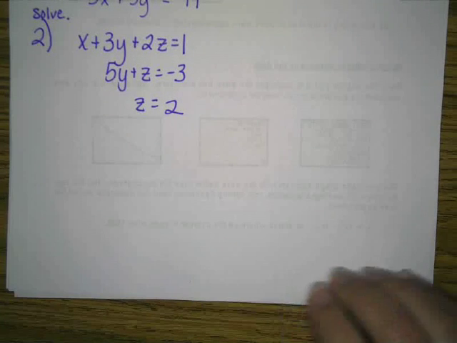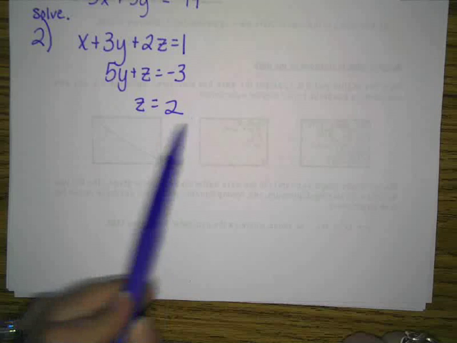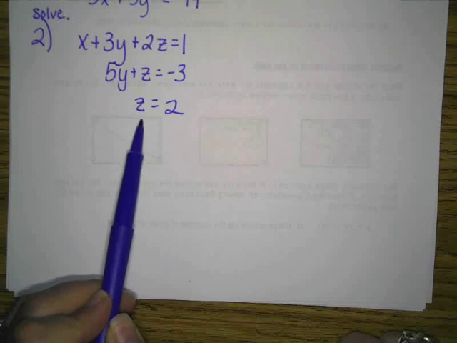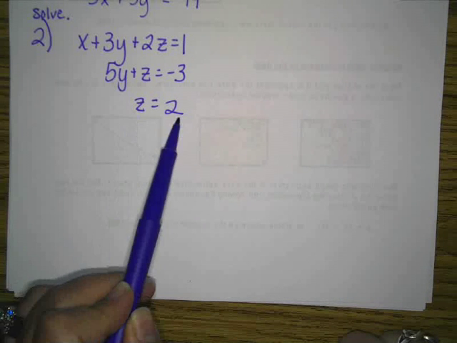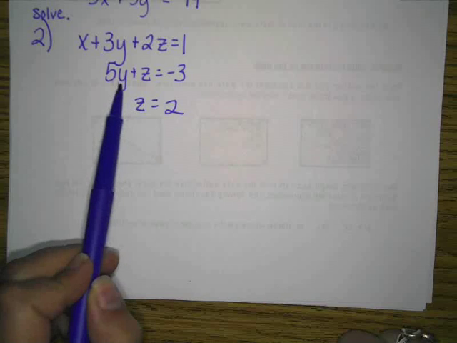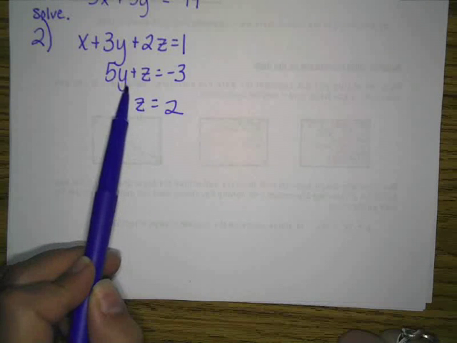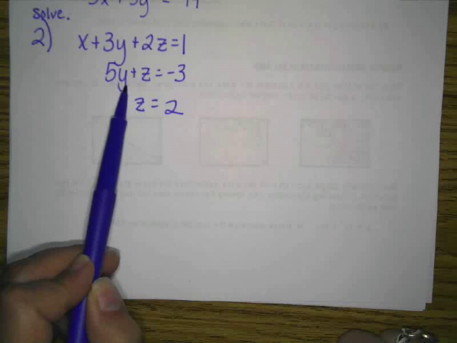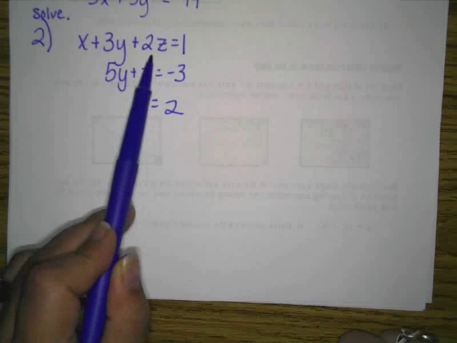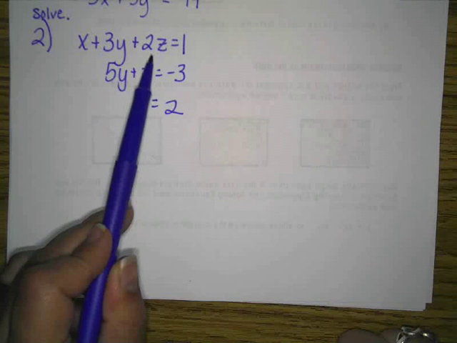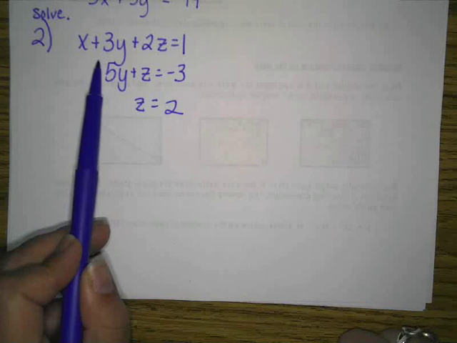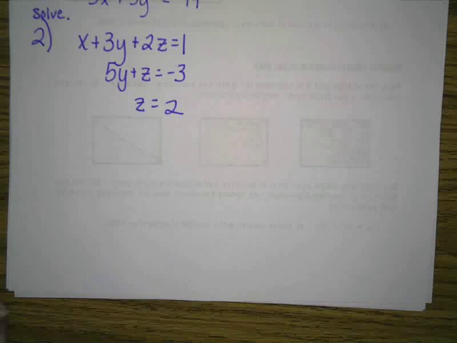The reason I say that is because we already know what z equals. If we plug this z into the equation that only has two variables, you will see you can then solve for y. And once we have y, we can back substitute again. We know z is 2, we will find y, and we can solve for x. So let's go ahead and try that.